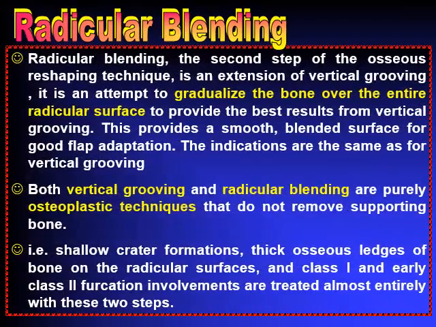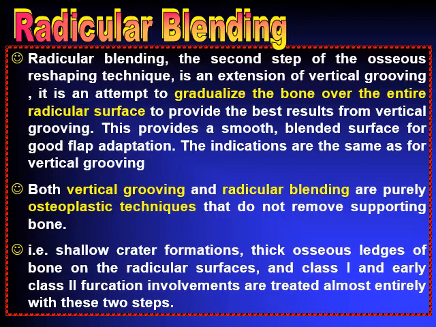Then the second step after vertical grooving is the radicular blending. The radicular blending is done by sweeping strokes to achieve an even flowing thin radicular surface.